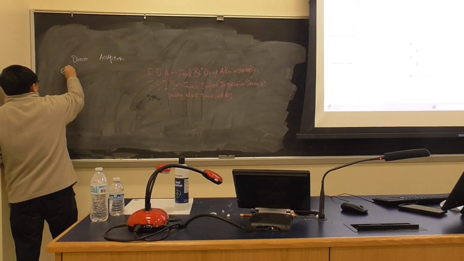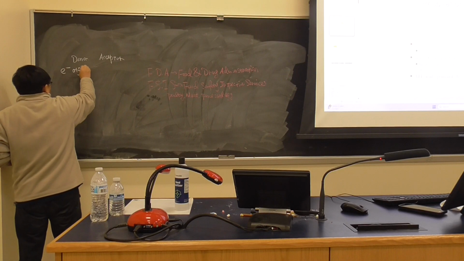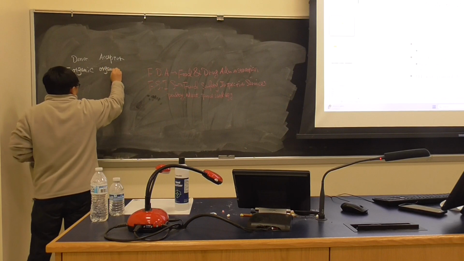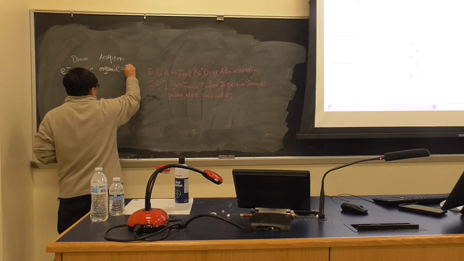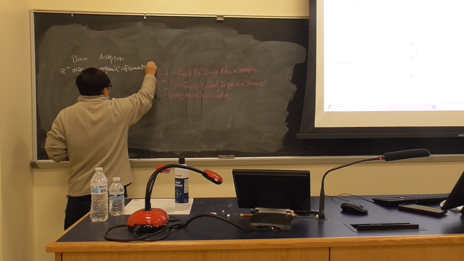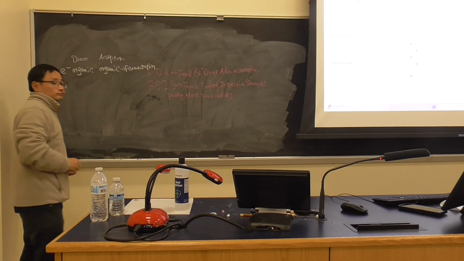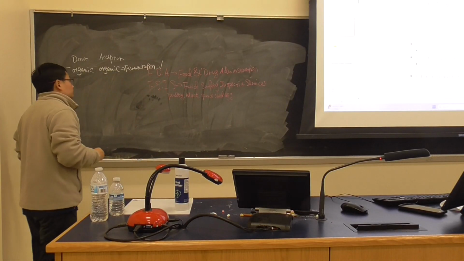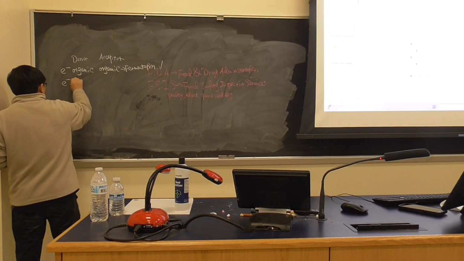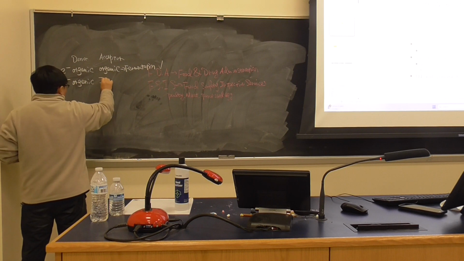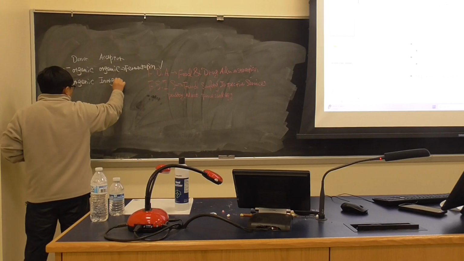If the electron donor is an organic chemical, and the electron acceptor is also an organic chemical, this is called fermentation. That is the best definition. Now, if the electron donor is an organic chemical, and the electron acceptor is an inorganic chemical, this is called respiration.